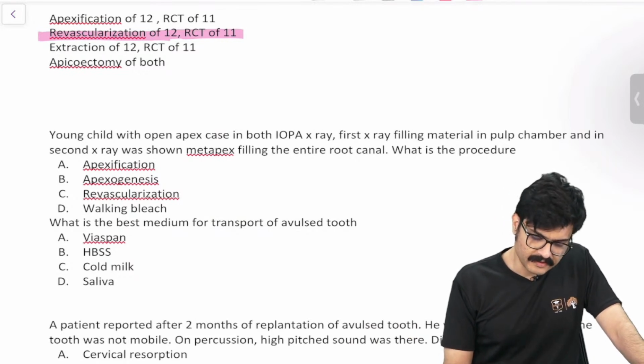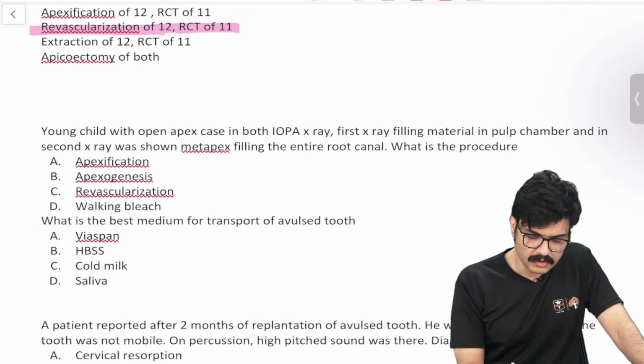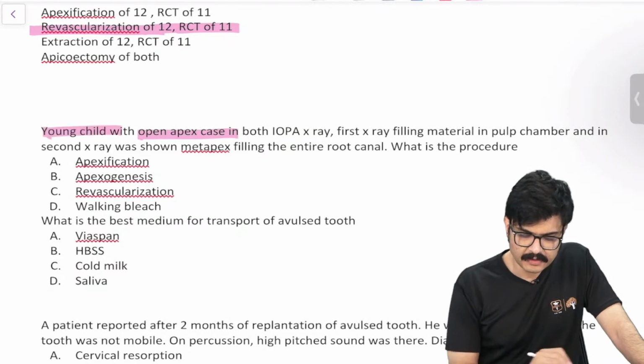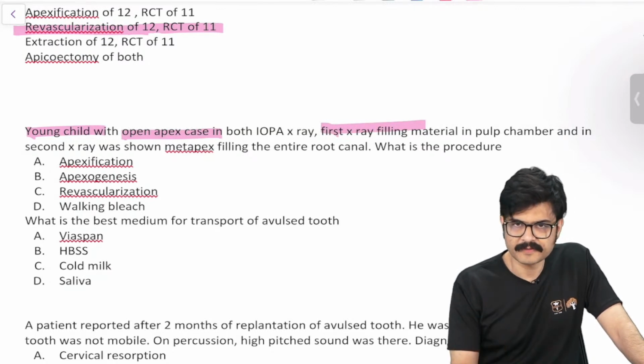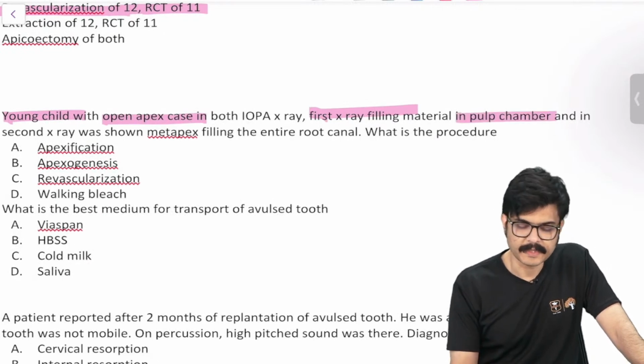Then you have another X-ray based question in which, again, you have an open apex case. Young child. Now, in the first X-ray, the first IOPA, there is a filling material, like a temporary radiopaque filling material, only in the pulp chamber, right?